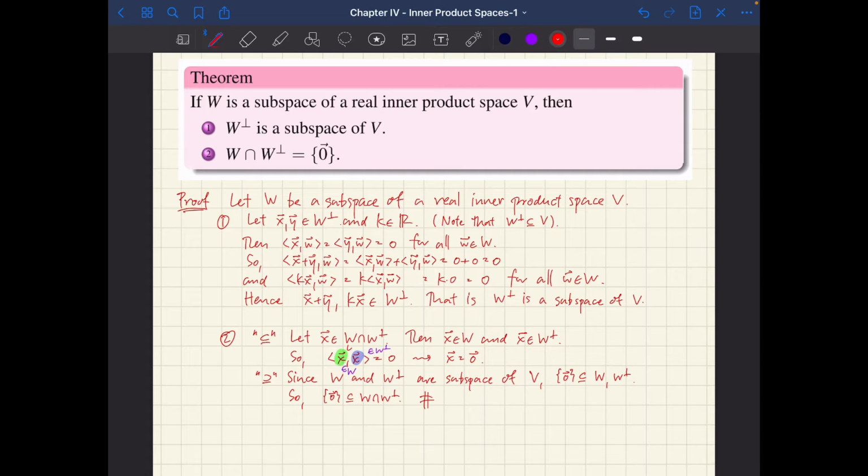It means that the zero vector is in both W and W perp. From this, we can conclude that the set of the zero vector is a subset of W intersect with W perp. It's quite easy.